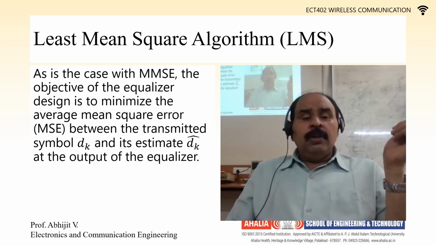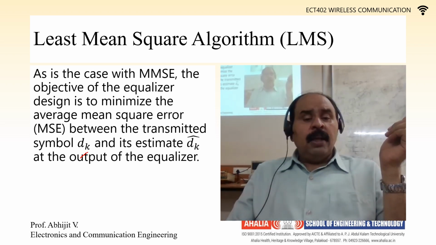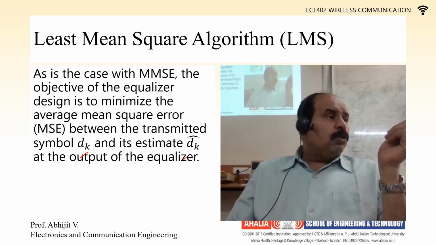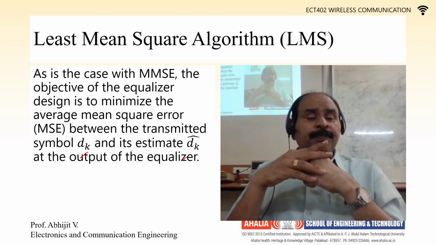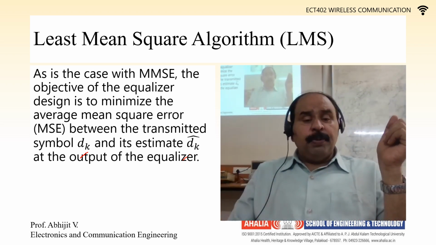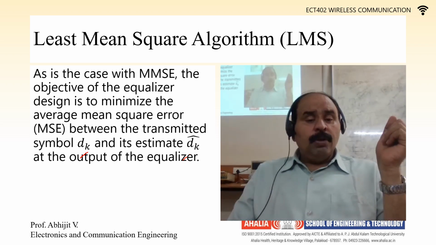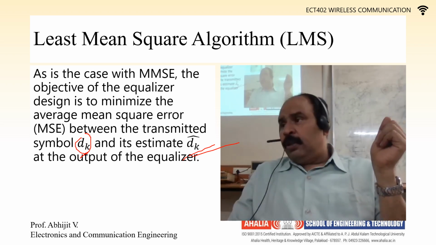So what we are doing is that we are having a transmitted symbol d k, and the output of the equalizer is d k cap. So our objective in design of this equalizer is to reduce the difference between these two values, that is d k minus d k cap square.